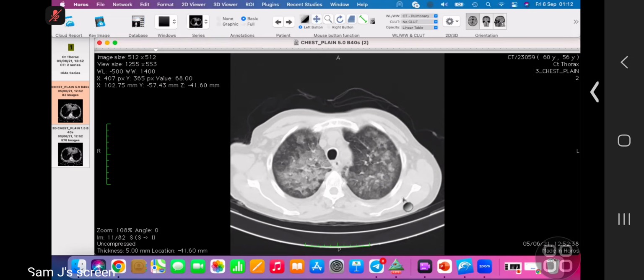I didn't see any cavitary lesions to suggest angioinvasive aspergillosis. What other findings will you see in pulmonary alveolar proteinosis? It would have a crazy paving pattern. And only a crazy paving pattern? No, it would be mainly peripheral and lower lobe predominant.